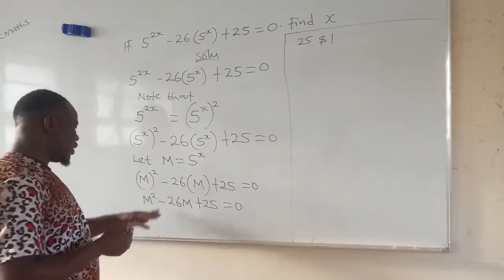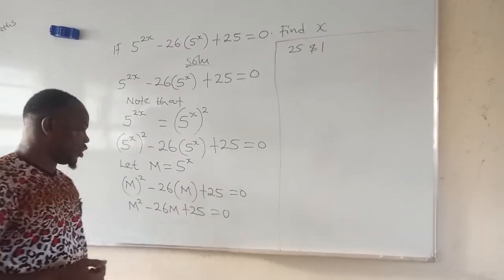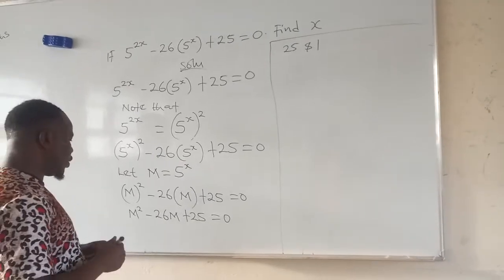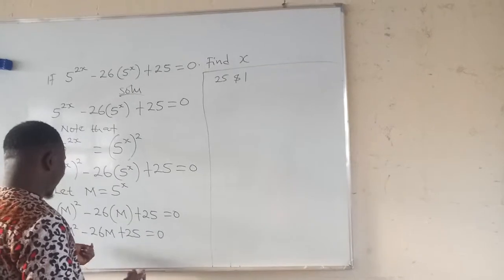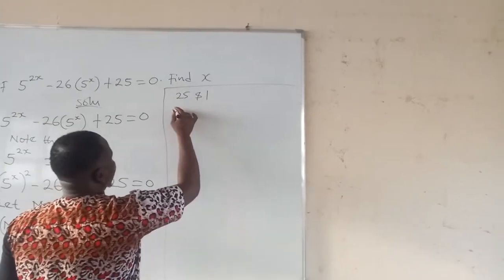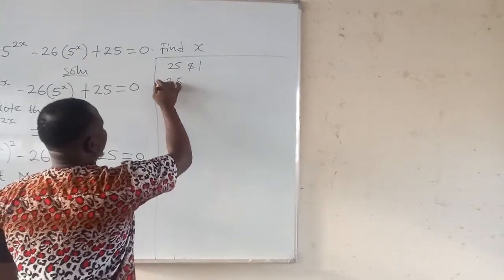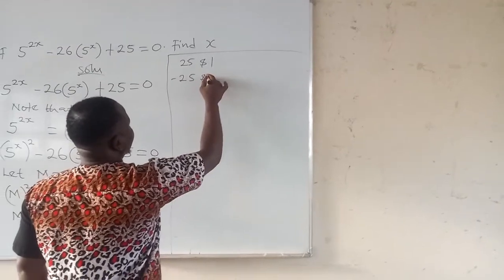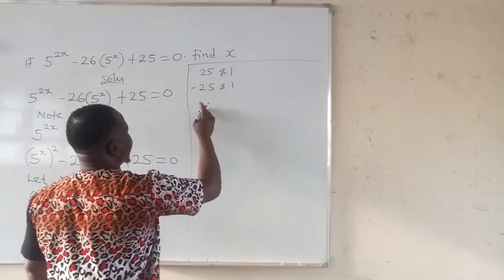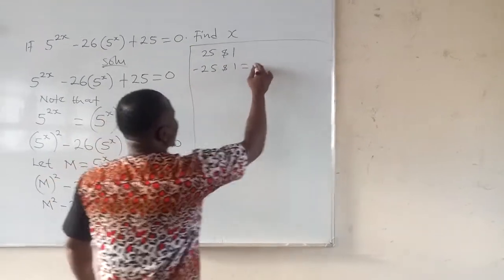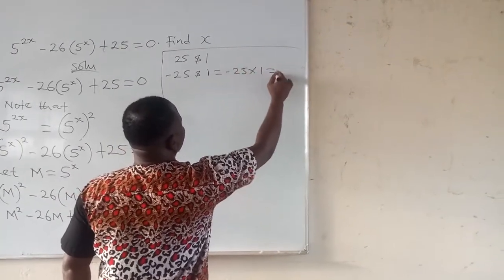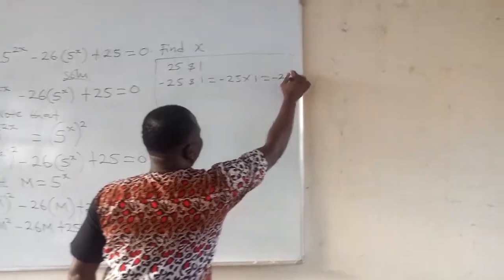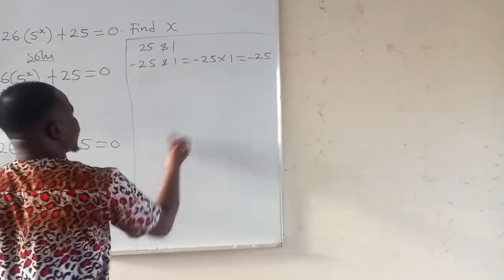But note that we are going to consider the operations here. Let's just say minus 25 and plus 1. Minus 25 times 1 will give us minus 25, so this will not hold.